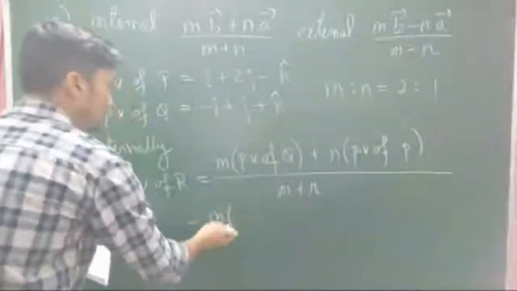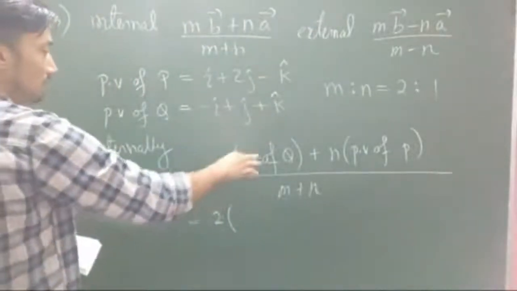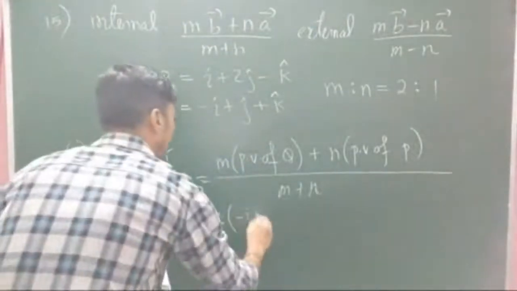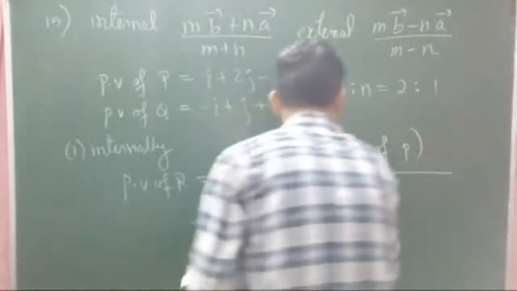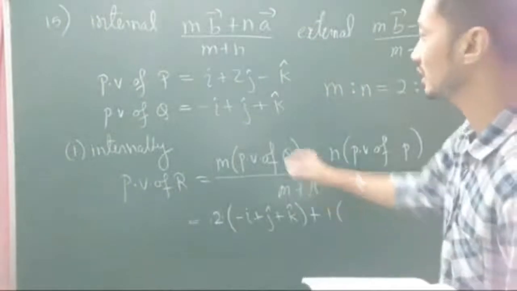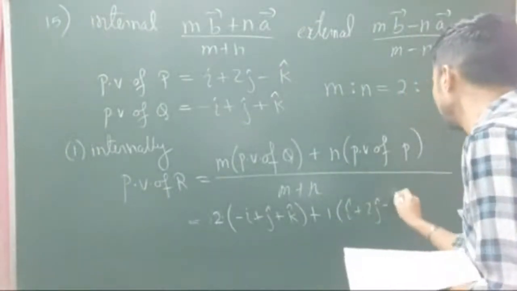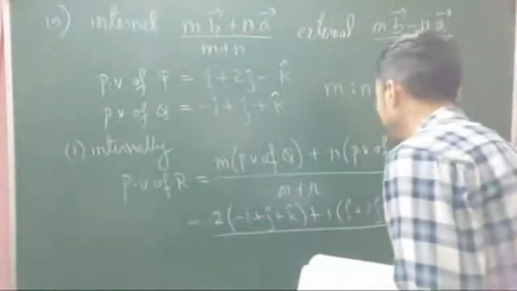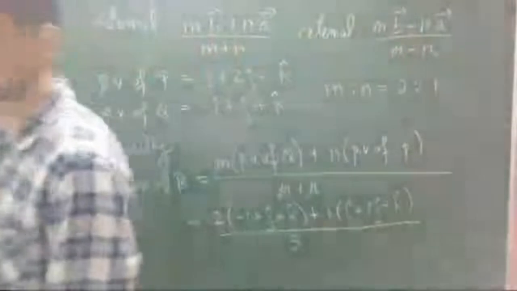So this one, that's going to be m into, what is the value of m? 2, because the ratio is 2:1, isn't it? And position vector of Q is minus i plus j plus k, plus n is 1, and position vector of P is i plus 2j minus k, divided by m plus n. 2 plus 1, how much? 3, isn't it? 2 plus 1 is 3.